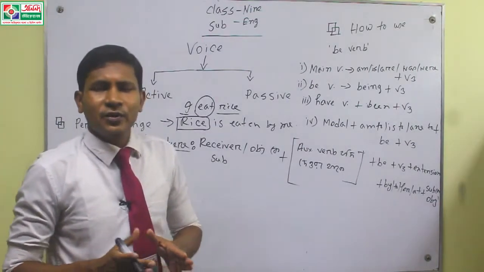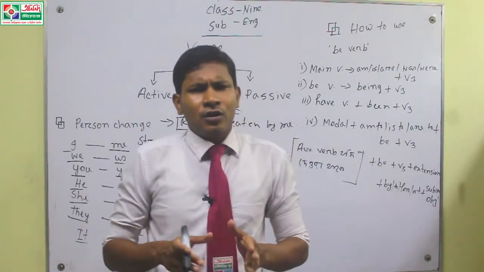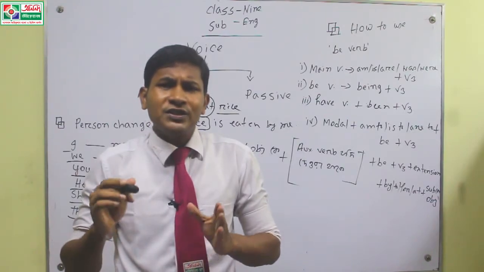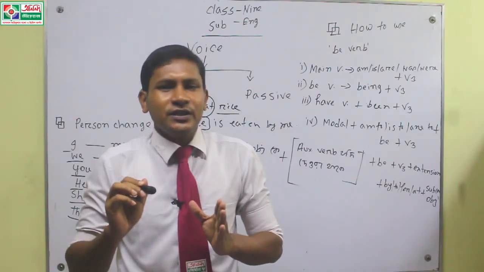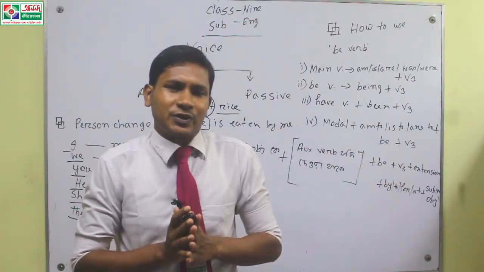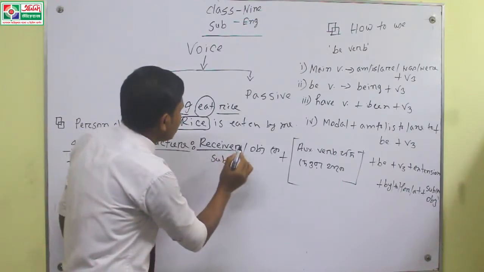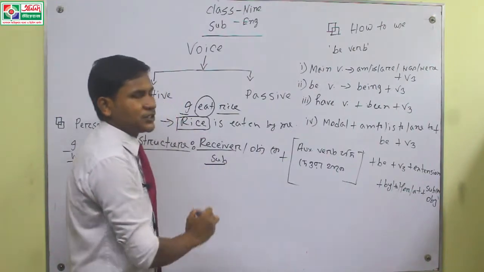Then we discuss the structure of passive voice, how to change from active to passive. In passive voice, one point must be in your mind: what is the object? The object is most necessary for the voice chapter. So at first we use the receiver, or the object, as the subject.